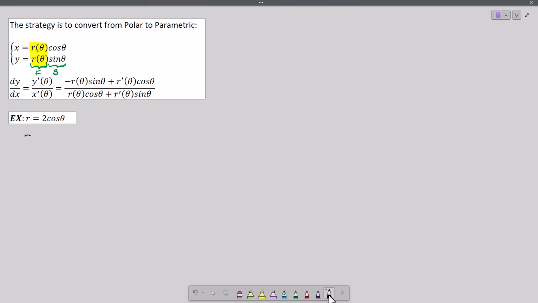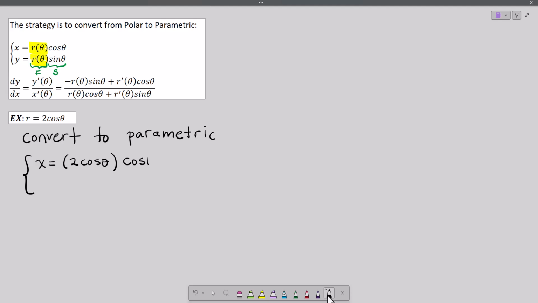So first step, convert to parametric. So x is r cosine theta.